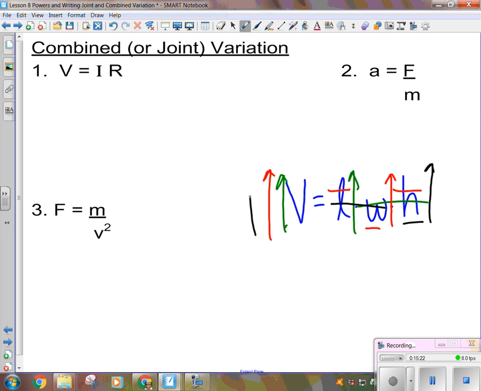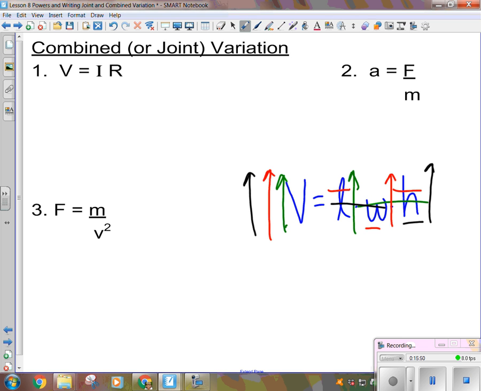Does everybody understand that all three things are directly related to what? Volume. For the first time today, you may actually hear yourself say "and." The volume of the box is directly related to length and directly related to width and directly related to height.